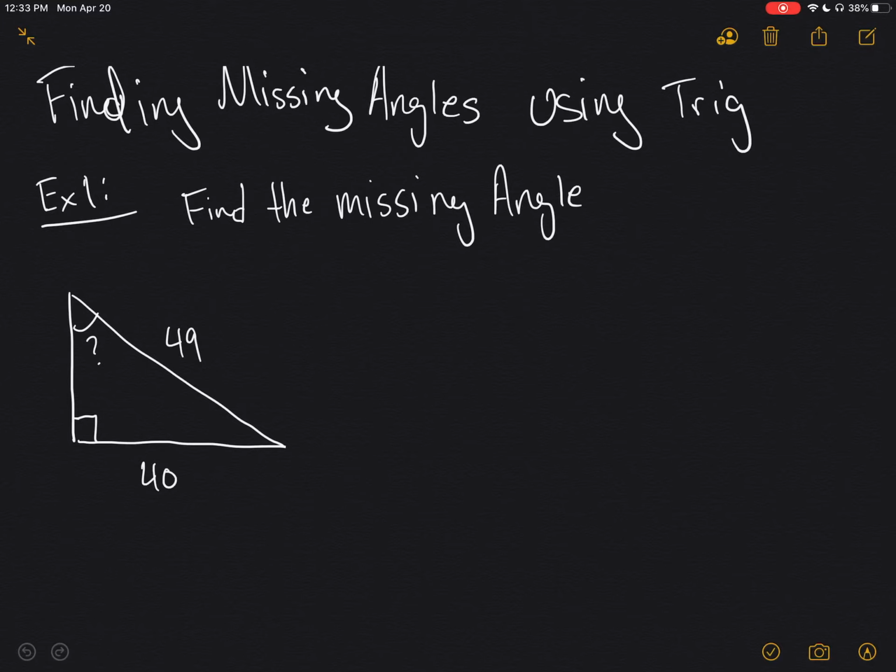So, what we're going to end up using is what we call inverse trig. And so what inverse trig is exactly what it sounds like. So if multiplication is the inverse of division, right, I use multiplication to undo division, and vice versa, I use division to undo multiplication.